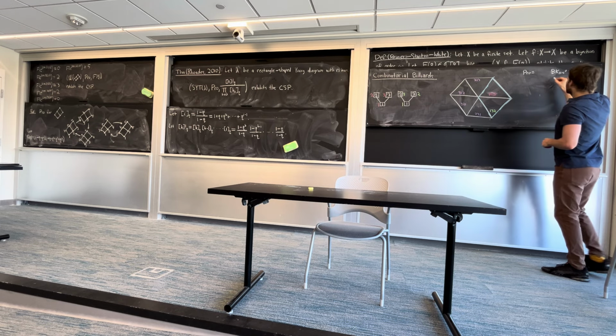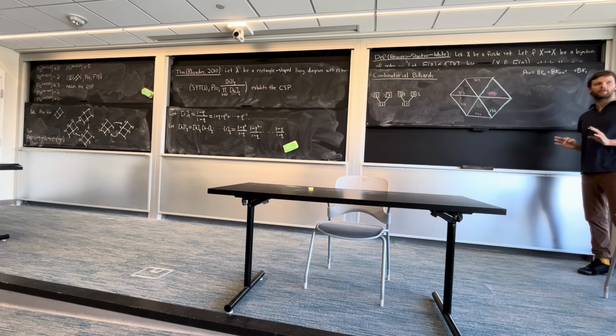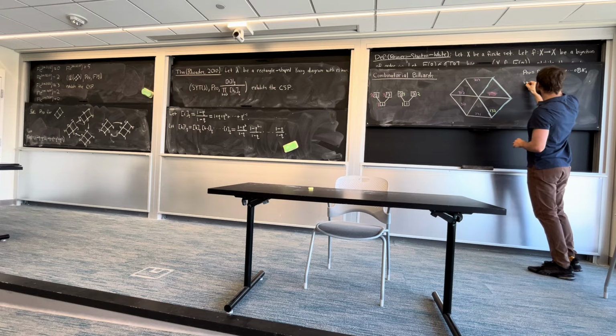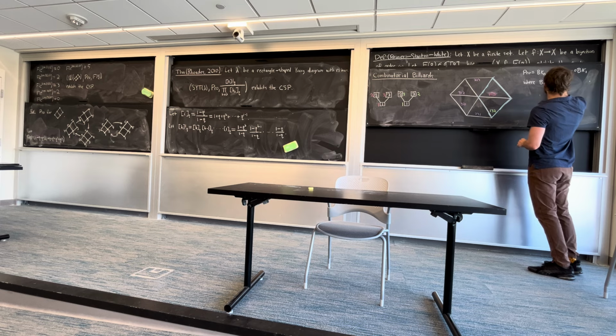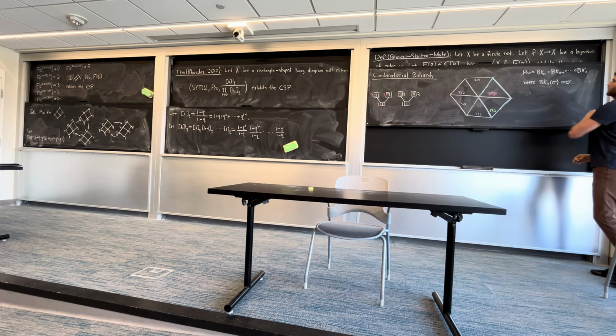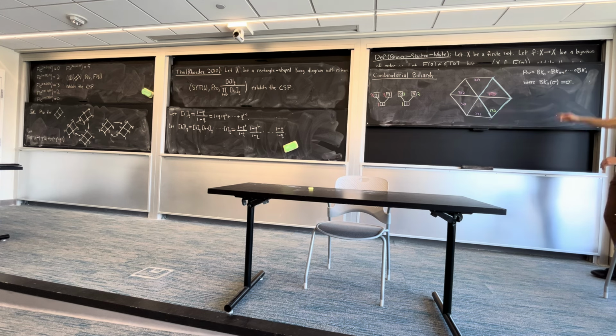It might seem like a stupid thing to do, but there will be a reason for this. So B_n of any linear extension sigma is just sigma. It always fixes everything. And of course, if I add that here, it doesn't actually change promotion, so this is still fine.